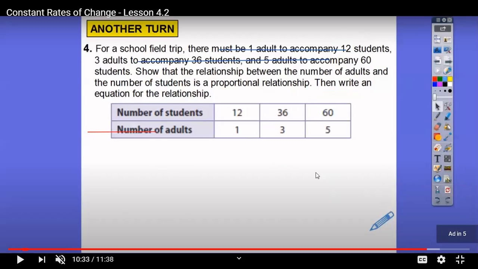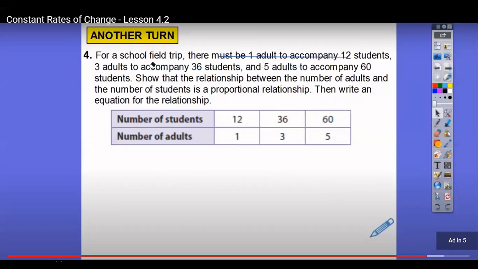Okay, so what about if you have a question like this? This is another application, a word problem, to use with proportional relationships. For a school field trip, there must be one adult to accompany 12 students.